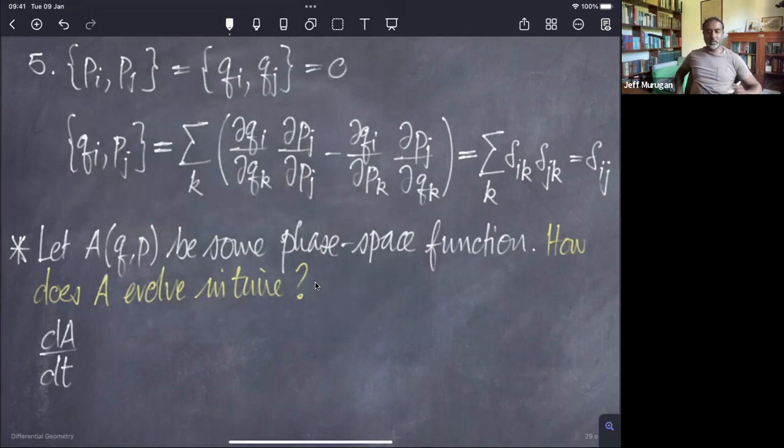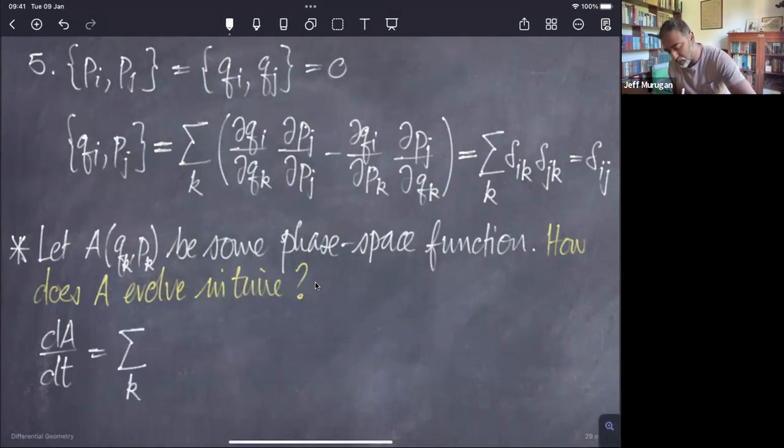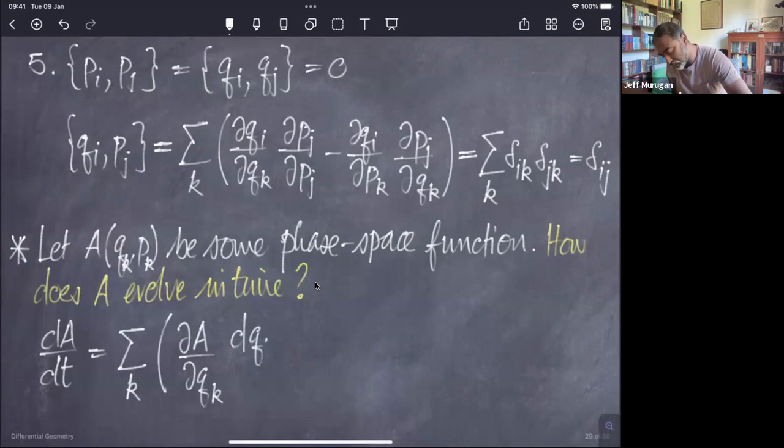So this is for some arbitrary function on the phase space. So we ask, what is dA by dt? Well, suppose that A is a function of k of these q's and k of the p's. So then, just to do things in generality, dA by dt is the sum over k of dA by dqk, dqk by dt.